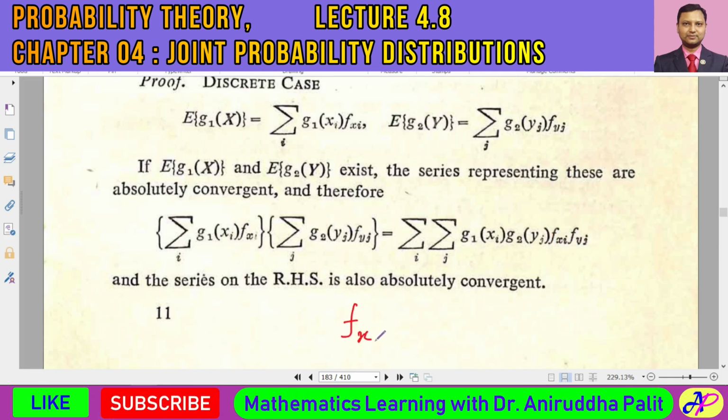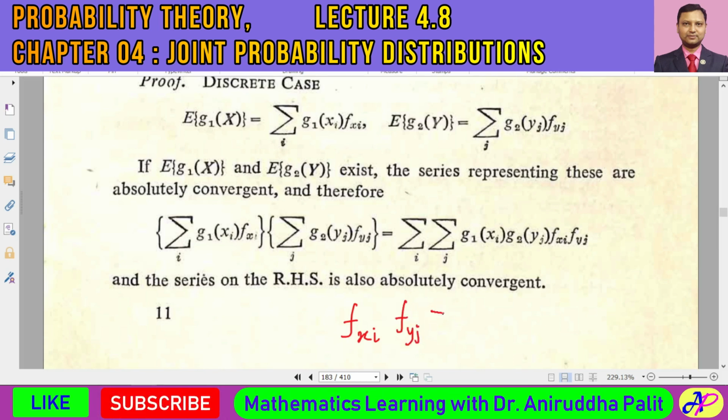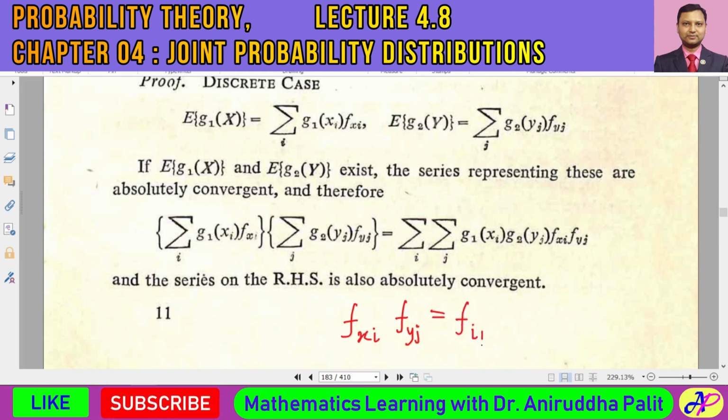This is the mass function of the marginal distribution of x, and this is the mass function of the marginal distribution of y. And if x and y are independent, in that case this product would be equal to the probability mass function of the joint distribution of x and y, that is actually f(xi, yj).